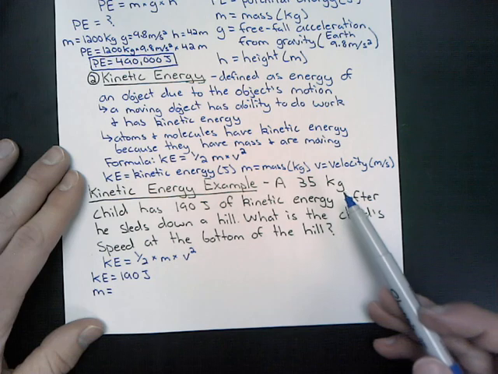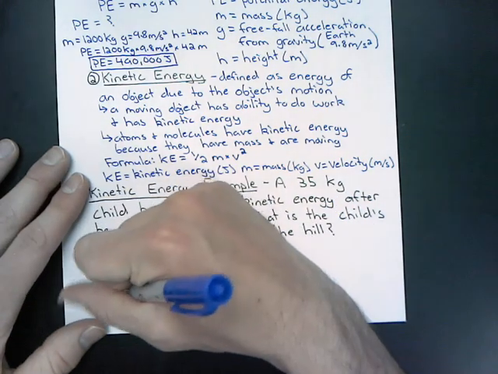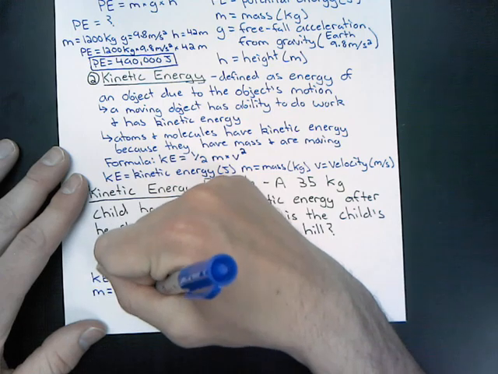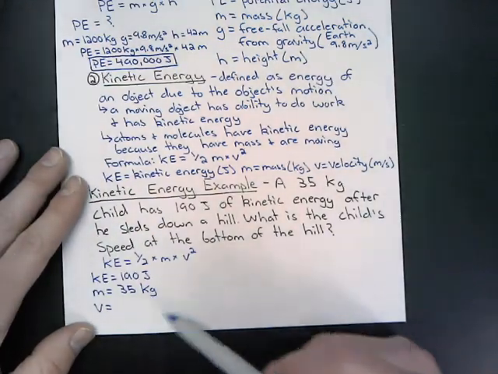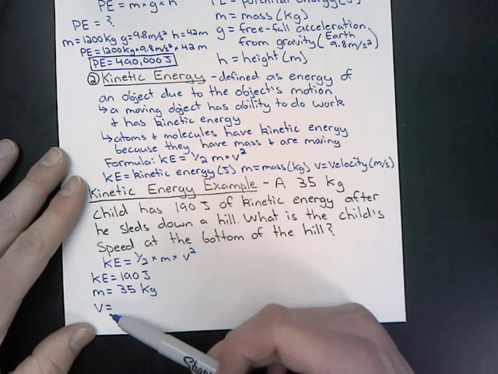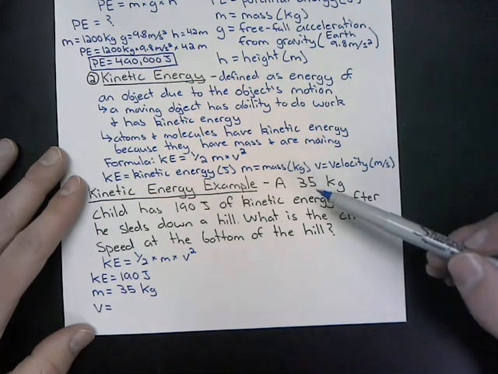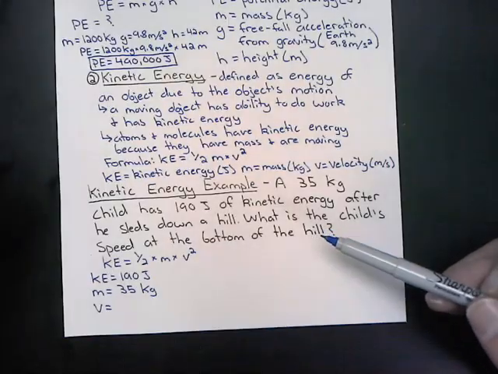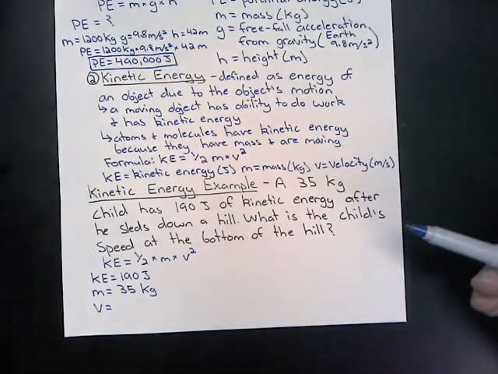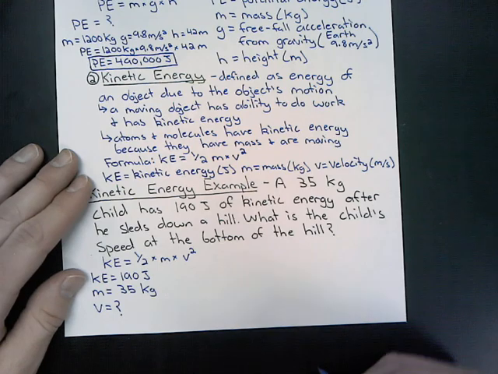The mass of a child and that sled is 35 kilograms. And then the final thing is our v for velocity. Now, our v for velocity should be in meters per second. And if we double check this problem, there is no meters per second or no velocity listed. So this ultimately is going to be our question mark.